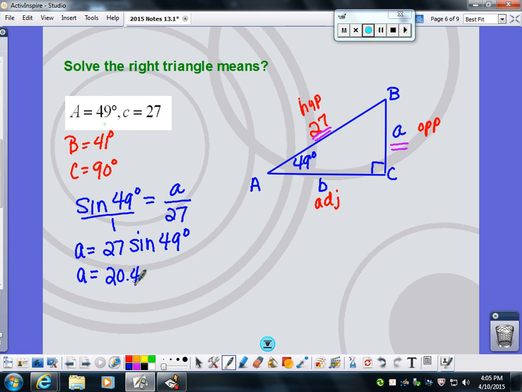All right, so what trig ratio is adjacent over hypotenuse? Hopefully you said cosine. So we're going to set it up. Cosine of 49 degrees is equal to B over 27. Here again, solve for B. So we're going to cross multiply, so 27 cosine of 49 degrees. And we're going to put that in our calculator. If you haven't reset your calculator, it's going to stay in degrees.